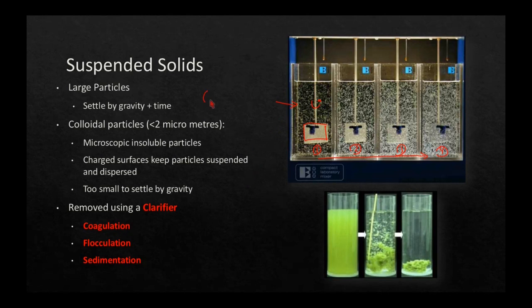And so basically what we've done here is we've added a coagulant. And then what we'll also do is we'll add something called a flocculant. And a flocculant is going to sort of help the particles adhere to each other into a larger clump.